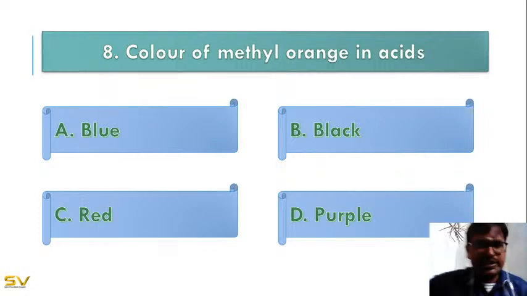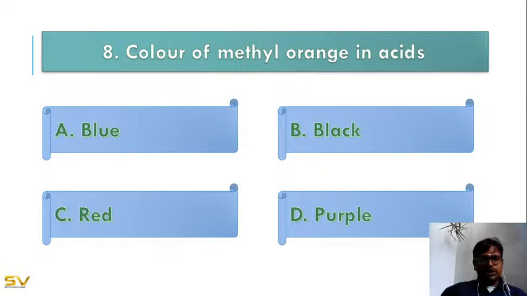What is the correct answer among these? Methyl orange is a synthetic indicator, as is phenolphthalein. The remaining ones are all natural indicators. So what is the correct answer? Alim Khan, red, Aisha, red, Jagdish, option D.